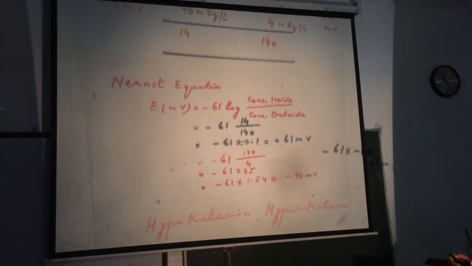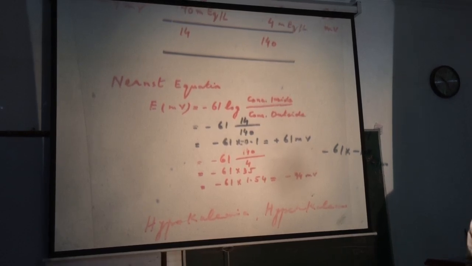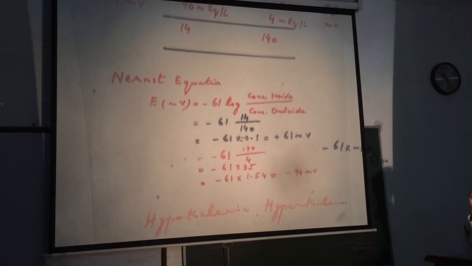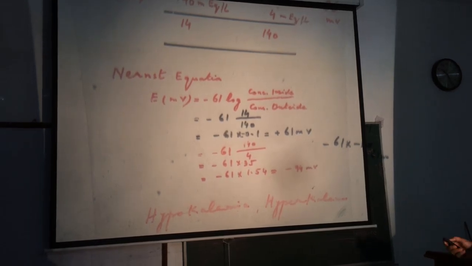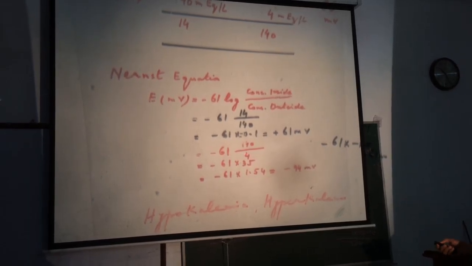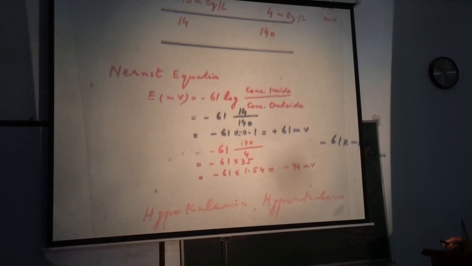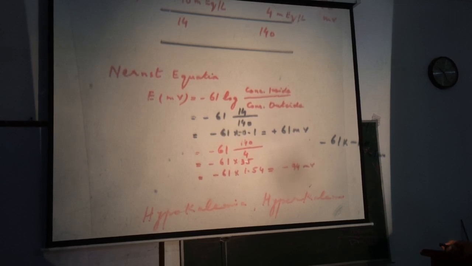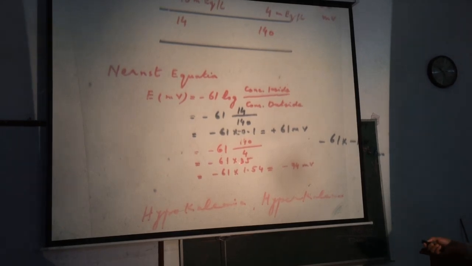Now our second assumption is that at rest the cell membrane is highly permeable to potassium. So we put the potassium concentration 140 inside, 4 outside. How much is that? 35 times. So minus 61 log of 35.